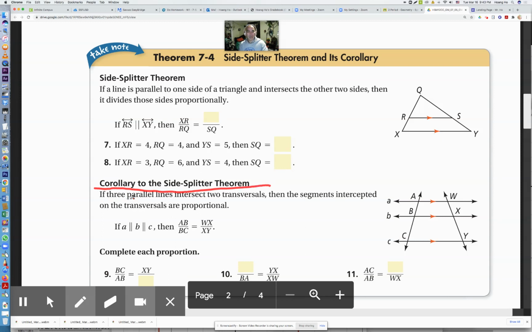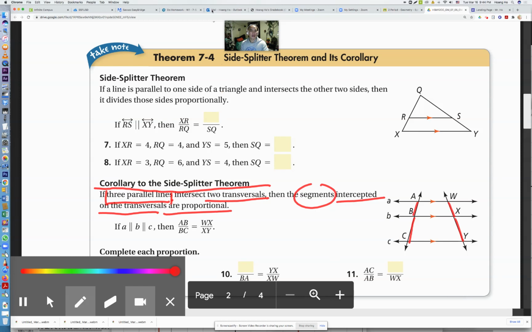If 3 parallel lines intersect two transversals, then all the segments intercepted on the transversals are proportional. Okay? So right here, they set up AB divided by BC should be equal to WX divided by XY.